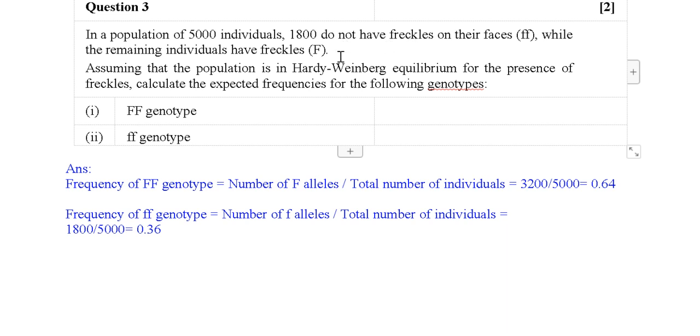So for the rest, you need to subtract 5,000 minus 1,800 and you will get 3,200, which is the number of individuals who have freckles, capital F. So here I have written the number of F alleles as 3,200, and now we divide it by the total number of individuals, 5,000, and we get 0.64. So this is the frequency of the FF genotype.